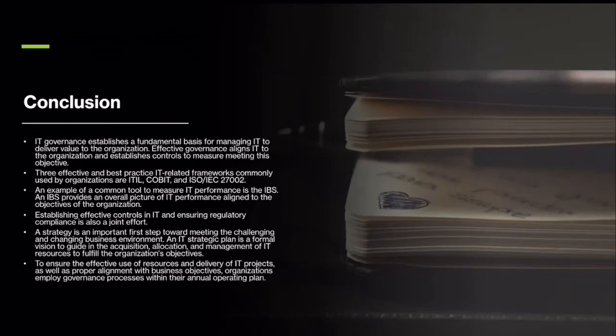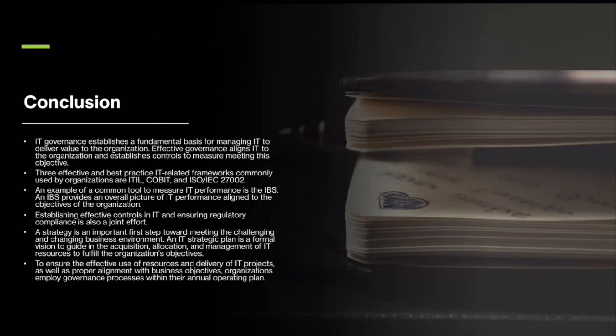Realizing the value of IT requires a partnership between management and IT, and this partnership should include managing enterprise risk as well as measuring performance assessments consistent with existing strategies and goals. These performance measures should be aligned to the objectives of the organization.